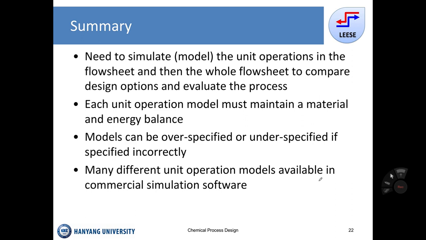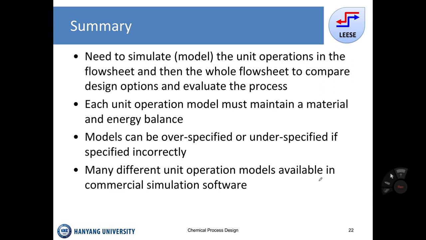These are the most important equations for simulating unit operations in chemical process design. Models can be overspecified or underspecified, so we need to check the number of equations against the number of variables. If the number of equations is not enough, then we need to specify some parameters or design variables in order to have the process simulation.